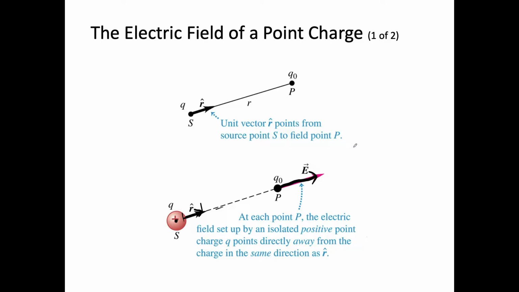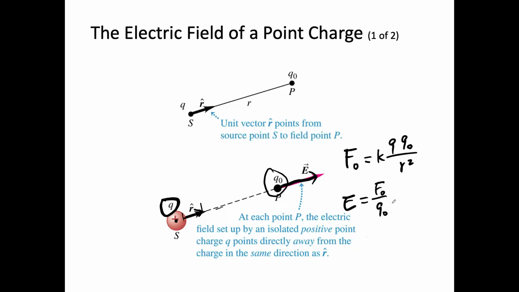Then we know what the magnitude of this E is using Coulomb's law, right? From Coulomb's law, the force between Q and Q0, F0, should be K Q Q0 over r squared. This is the magnitude, and E is F0 over Q0. So basically, you eliminated this Q0.